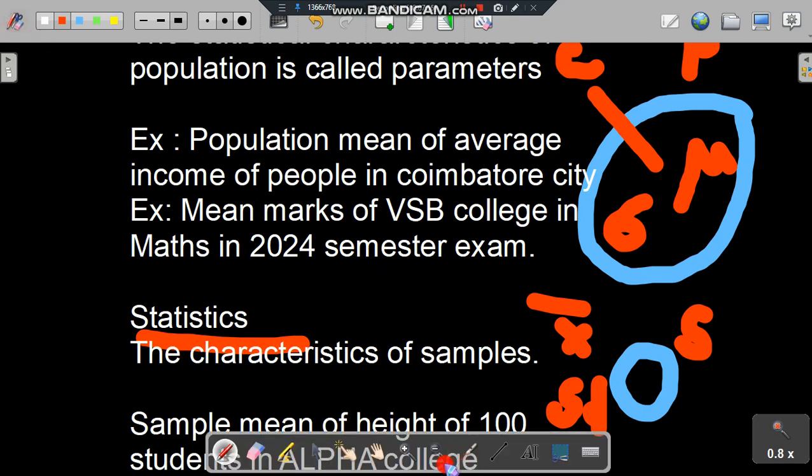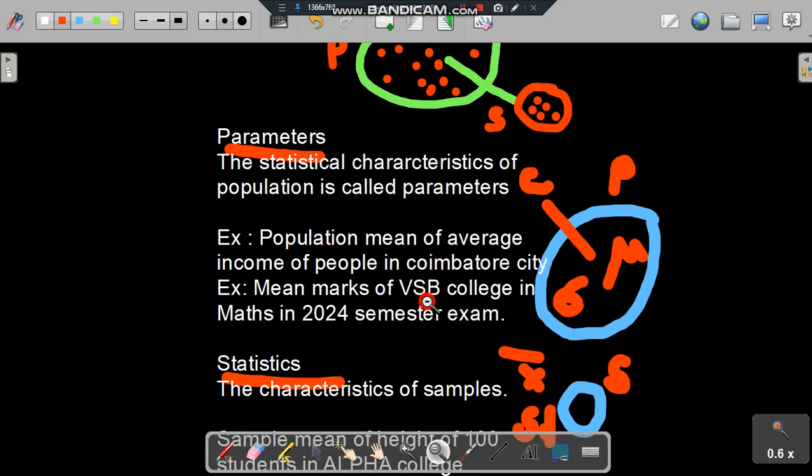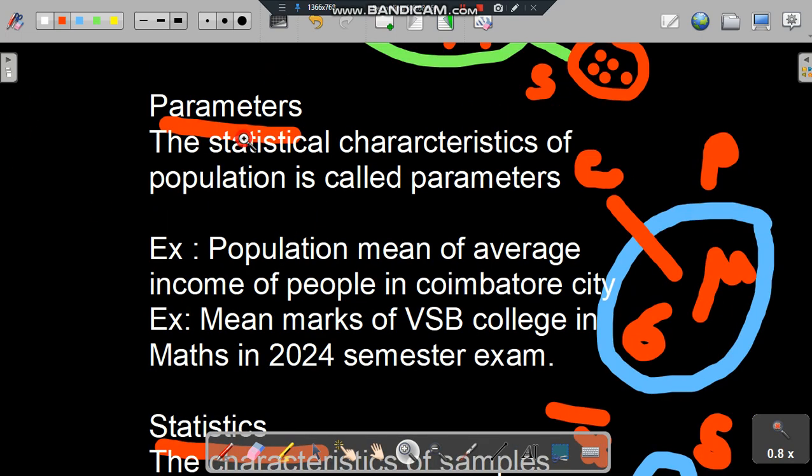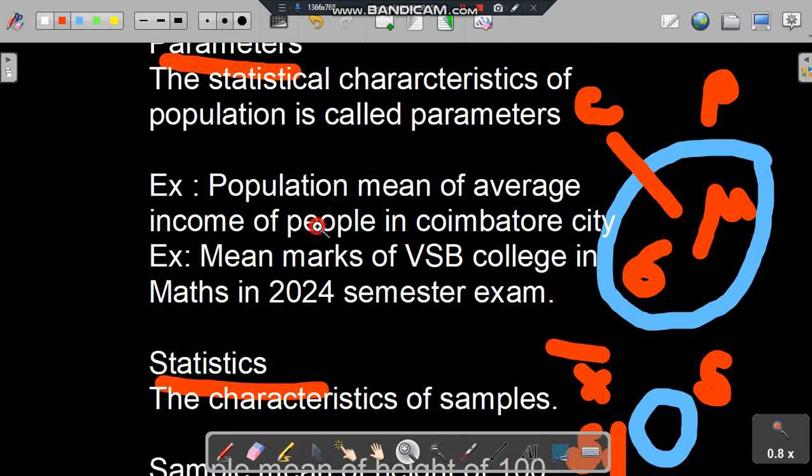Let us have some feedback on that. What is a parameter? It is nothing but a characteristic of the population. Example: the average income of the people in Coimbatore city, because this average income is a characteristic of the population. Similarly, VSB College is a population on which we are taking the mean marks.